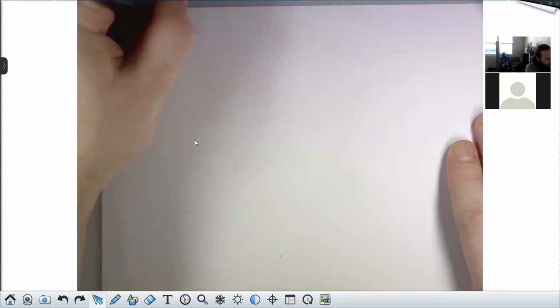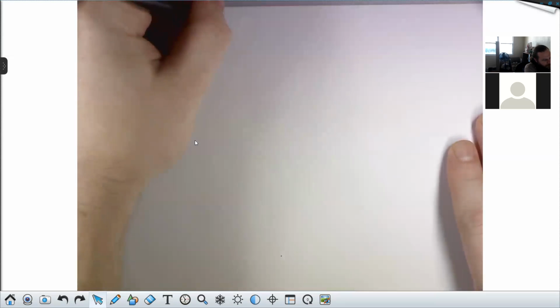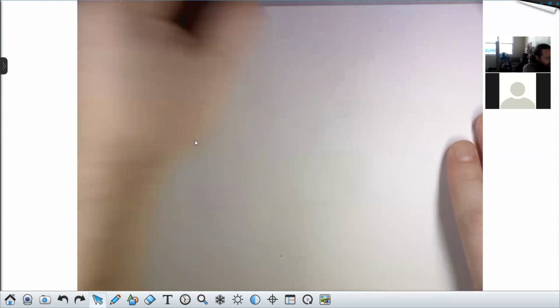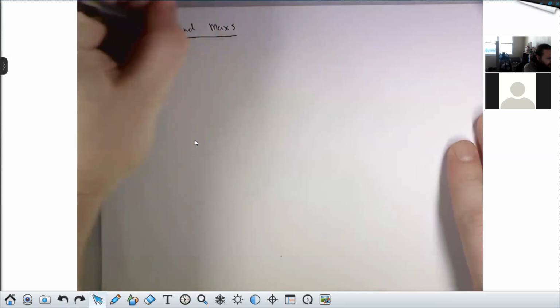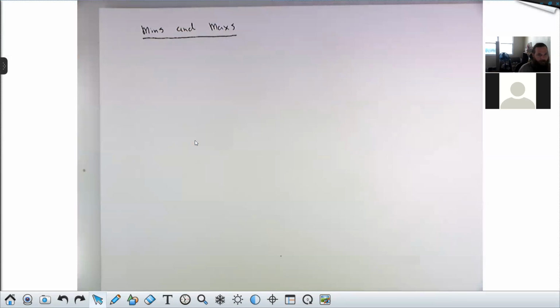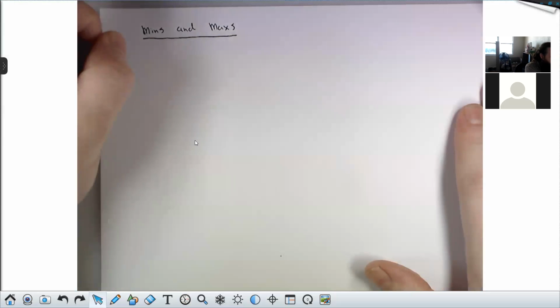So, mins and maxes. These can be discussed for any function, but the natural place to start talking about them is when we're talking about polynomials, because polynomials are the simplest functions that have lots of these things. So first, I need to give you some definitions.